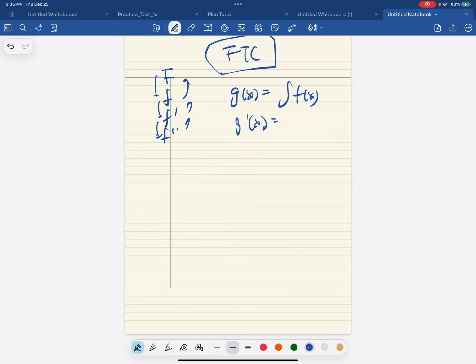And the answer is just f of x, because f of x was the integral. So it basically means the original function that became integrated. If you do a derivative of that function, it just goes back to the original function. So just that guy remains, and whatever integral notation will go away.